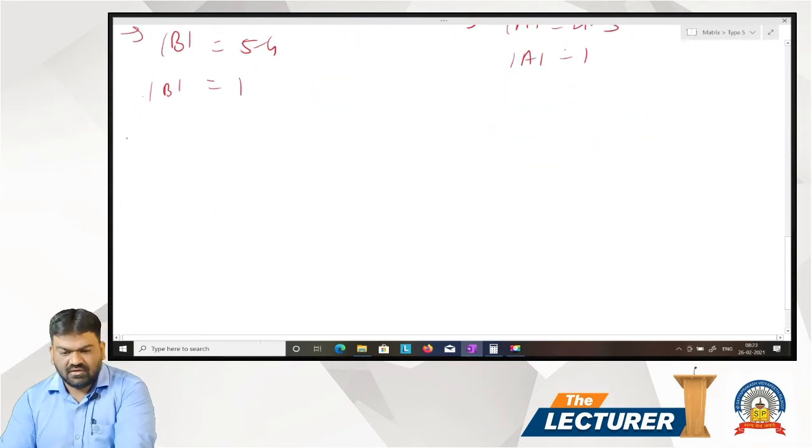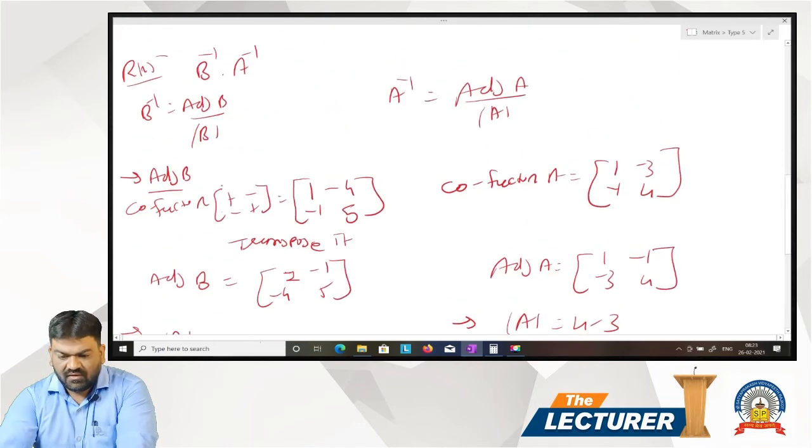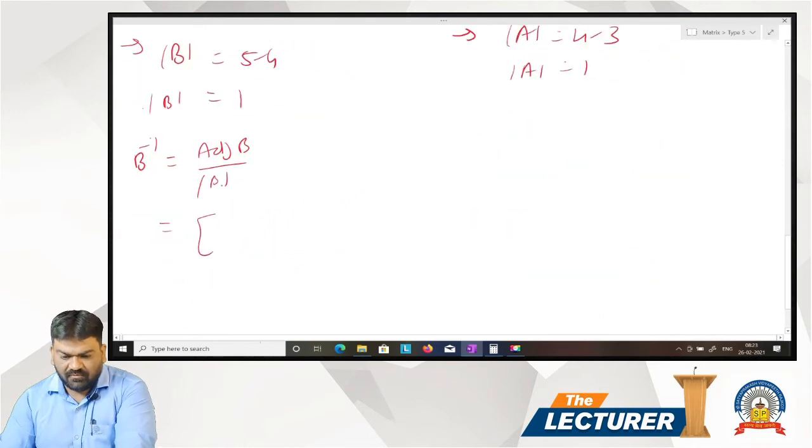Now B raised to minus 1 is equal to adjoint of B divided by determinant of B. Adjoint [1 -1; -4 5] divided by 1, that is [1 -1; -4 5]. This is B raised to minus 1.